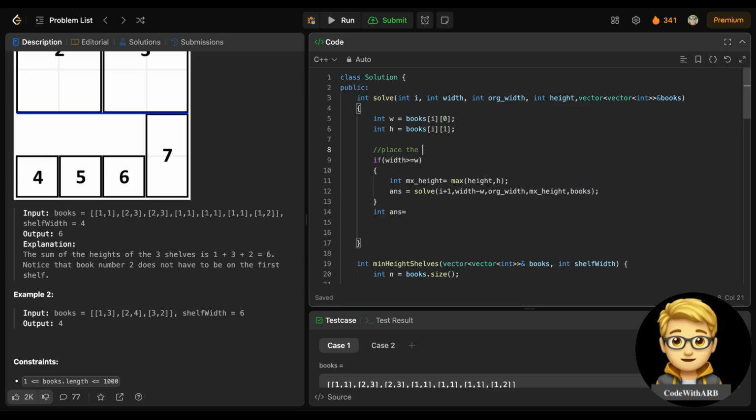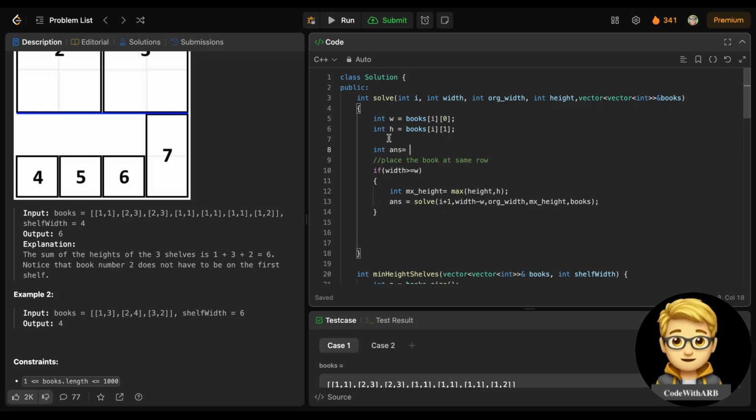So this is the condition when we place the book at the same row, right? But when we don't want to place it at the same row, in that condition we don't need to check any condition. What we will do is just add this height to the next row, so this will be i plus 1. And now, what would be the width?